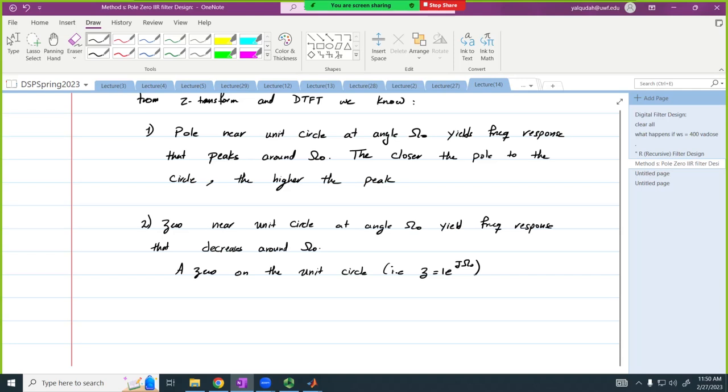Yes. Can we have a pole at the unit circle? No. Okay, so a 0 on the unit circle makes the frequency response equal to 0 at that frequency.